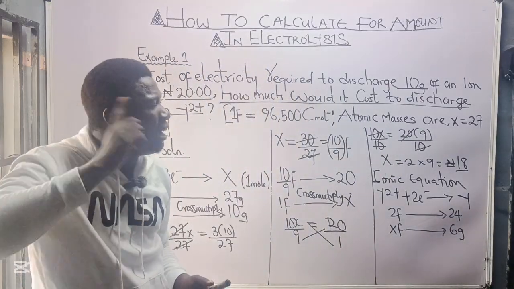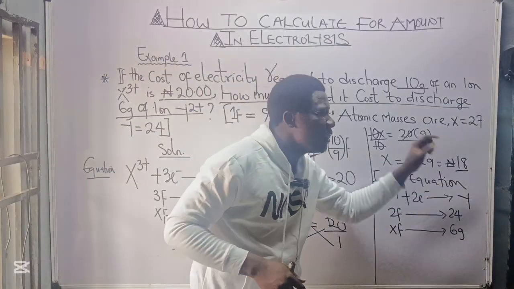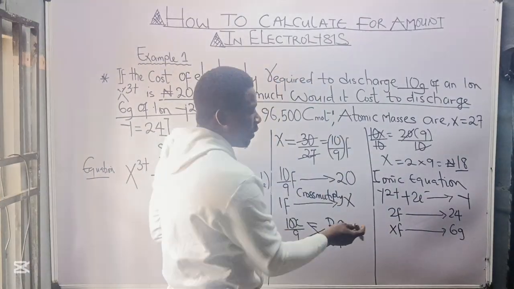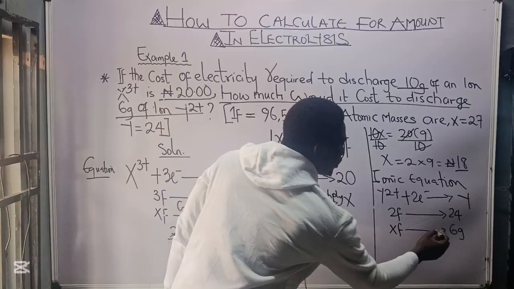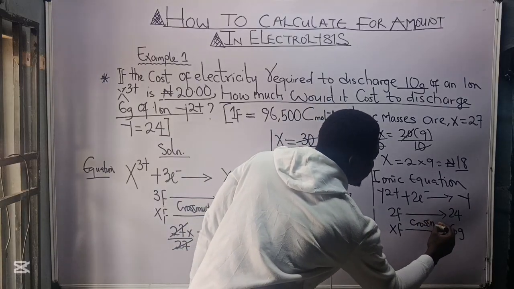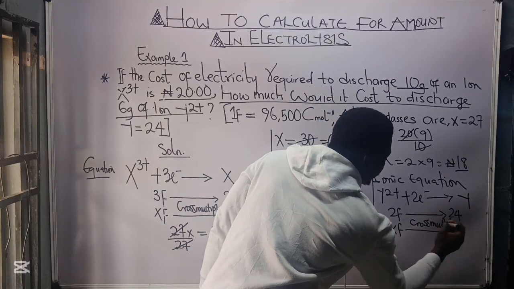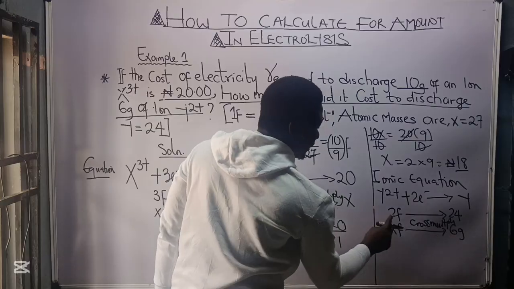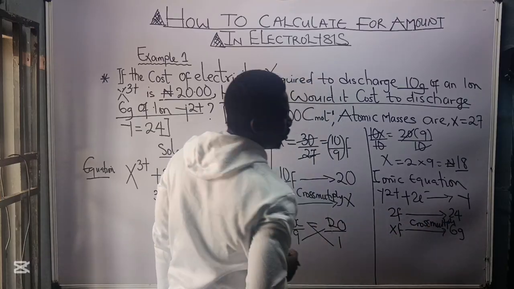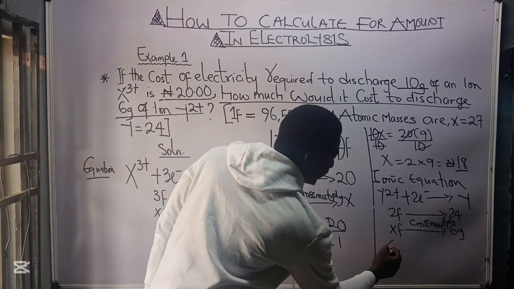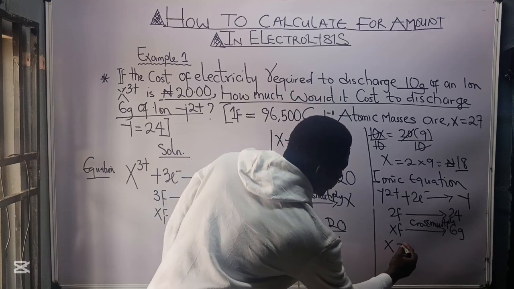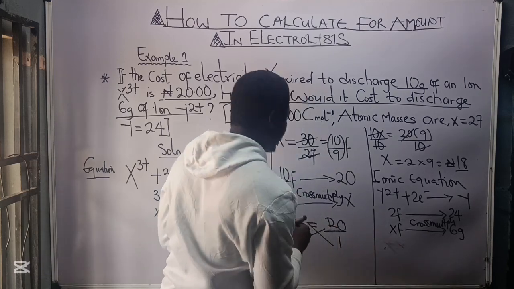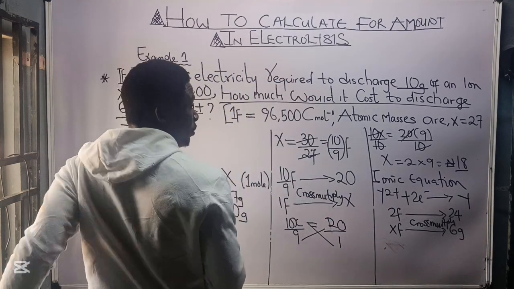Knowing fully well that every 1 Faraday is what? 18 naira. So which Faraday will give us 6 grams? We'll simply cross multiply again. So that you have 6 times 27 equals x times 24. So you have x equals to, sorry, let's clean this part of the board.